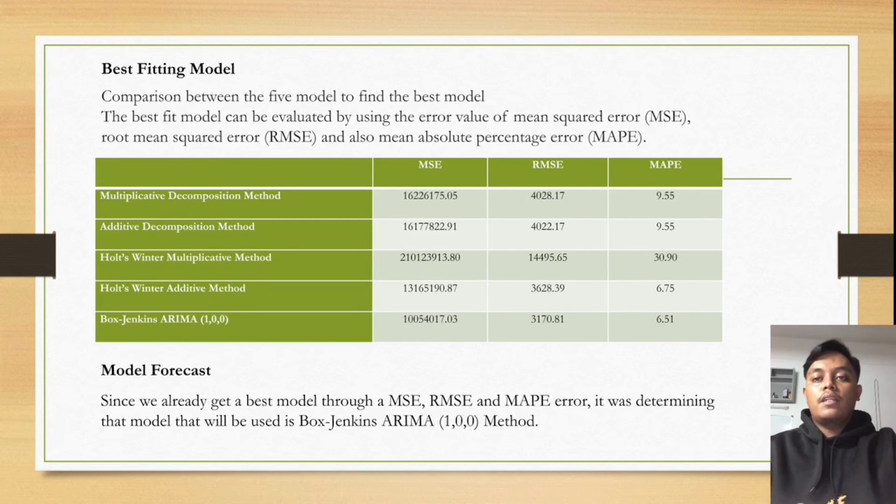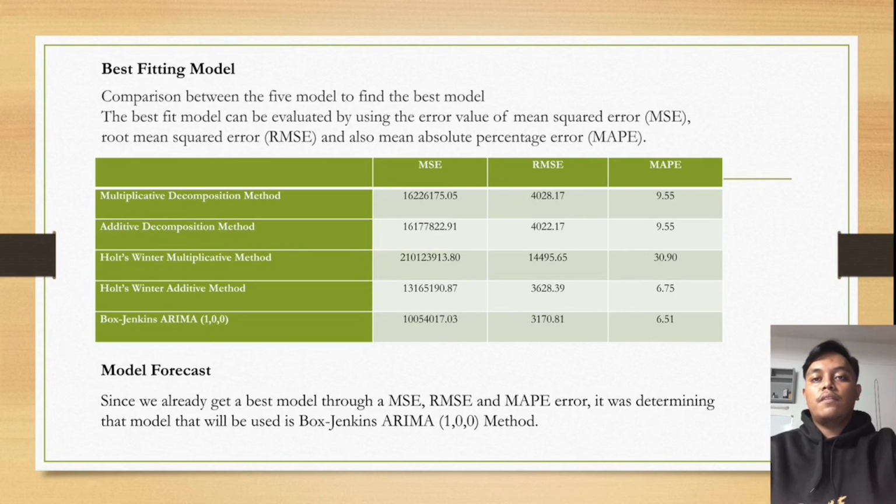The best fit can be evaluated using the error values of mean square error MSE, root mean square error RMSE, and also mean absolute percentage error MAPE. The model that has the least error is the best model that can be used for forecasting.